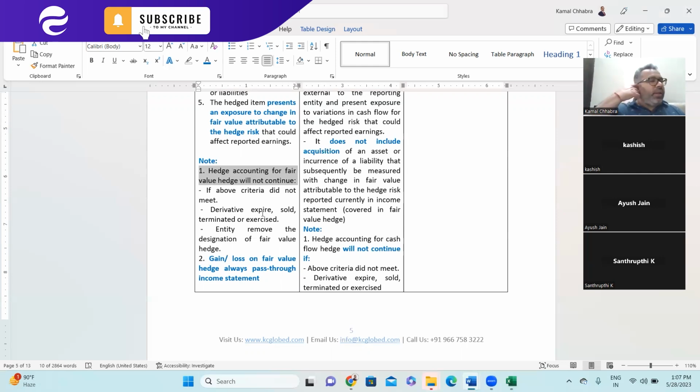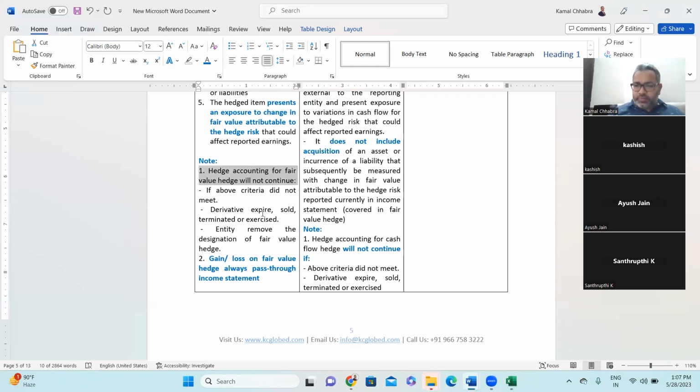If the derivative you are considering for the fair value hedge is already sold, expired, terminated, or exercised, then it is done, right? Then it will not come under the fair value hedge because the actual transaction has already taken place.